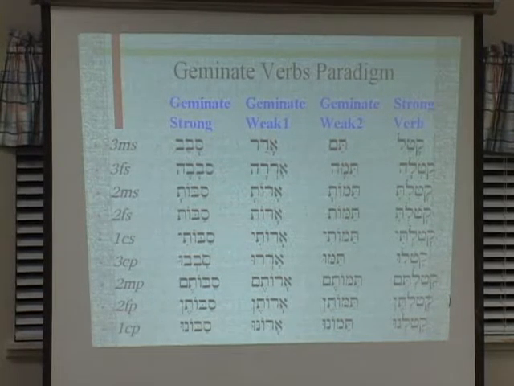Yes? How is tam a geminate? It doesn't really have two of any letter. I mean, I know they call it that, but it doesn't have two of any letter. Maybe originally it did.